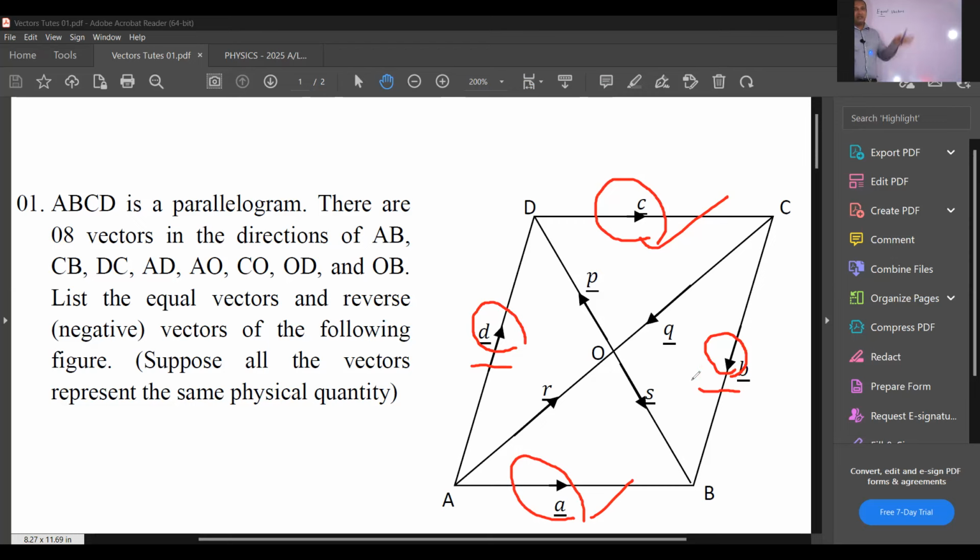They are opposite in direction. So, Puta, those are not equal vectors. Those should be negative vectors. Negative vectors are vectors whose magnitudes are the same, but the directions are opposite. So D and B vectors are in opposite direction.